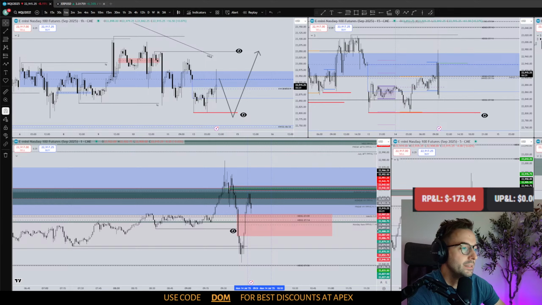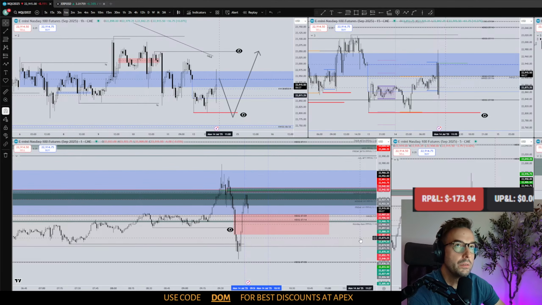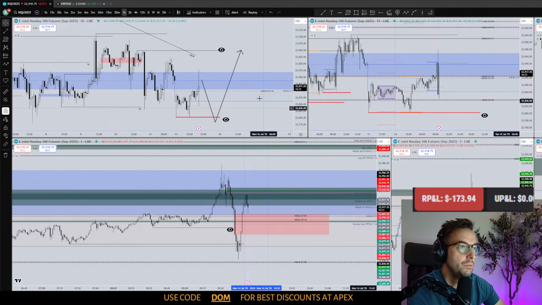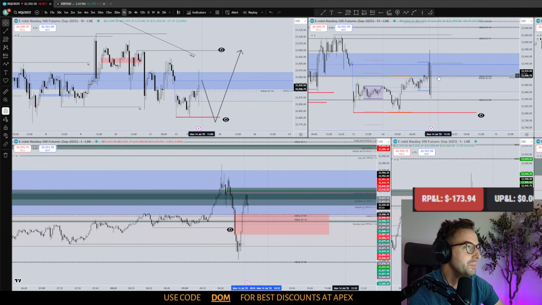Price right now is just hanging around in a weird level. Upper half of new week opening gap on the 1 hour, on the 15-minute it's on the lower half of last week's new week opening gap. It's sitting right now still below these levels. As long as it's below these levels, I'm bearish. Once it breaks above it, that's when my bias is going to start changing.